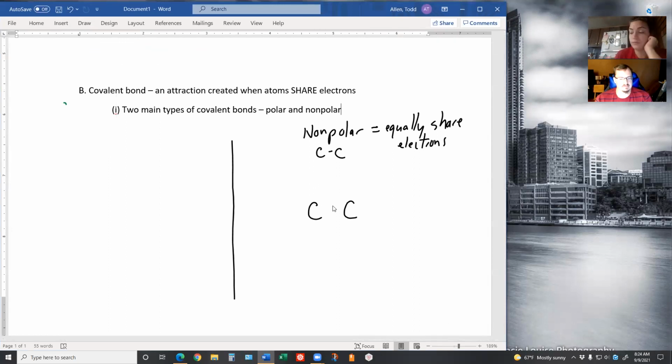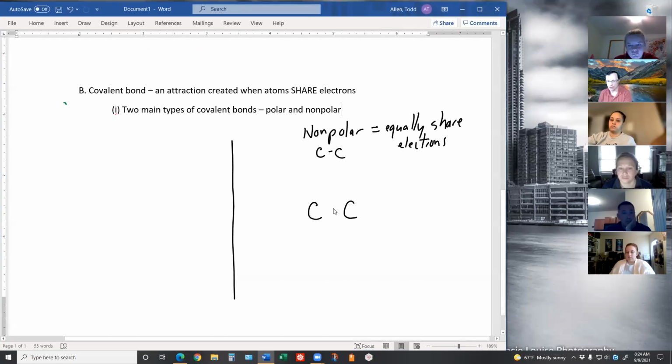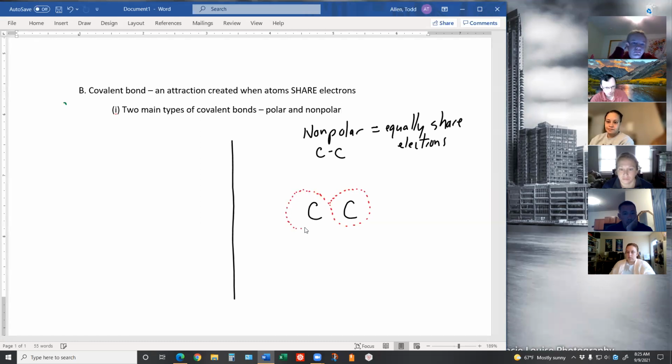I'm going to draw the motion of electrons as a dotted dash line. What I'm trying to convey is that the electrons spend roughly 50% of their time around the left carbon atom and roughly 50% of their time around the right carbon atom.